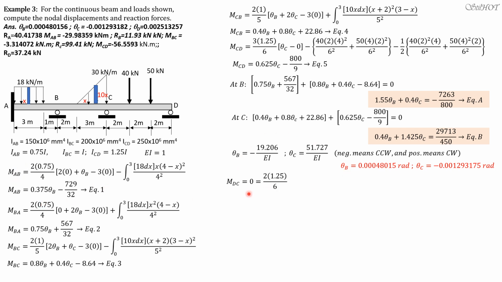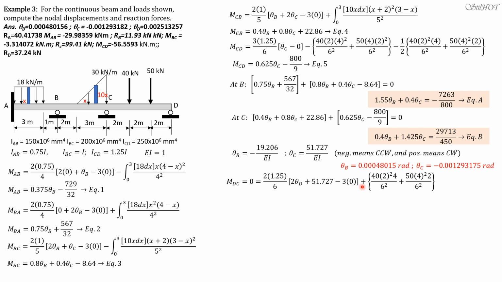So moment DC, which is equal to 0, D to C, so it is equal to 2 times I, which is 1.25 over L 6, times quantity 2 theta D plus theta C, which is already found, 51.727 over EI, actually, but 1.25 is 1.25 of EI, so we do not put EI here, anyway they will cancel out.